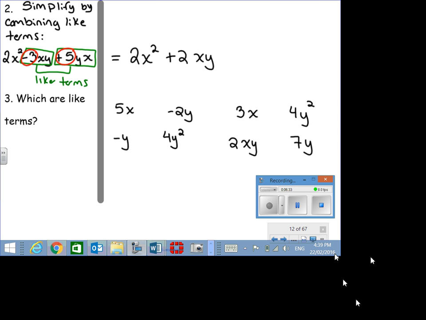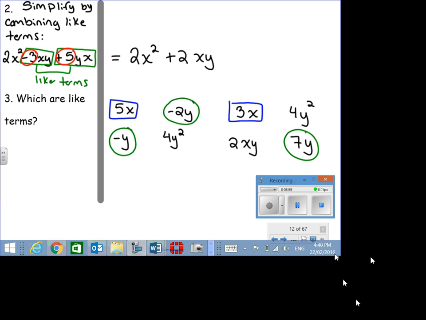And if you're checking your work, I've noticed that the 5x is like the 3x, and those are the only two that go together with x's. Negative 2y, I can put together with negative y and with 7y. So those three are alike.